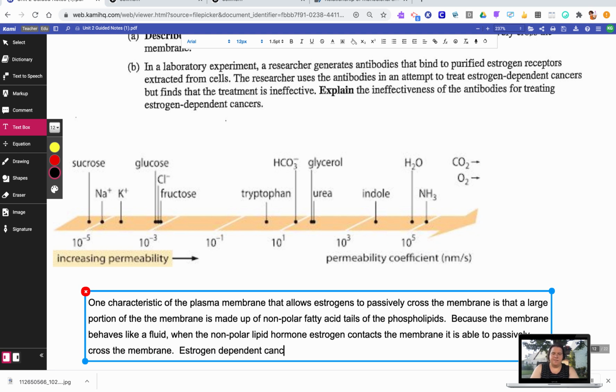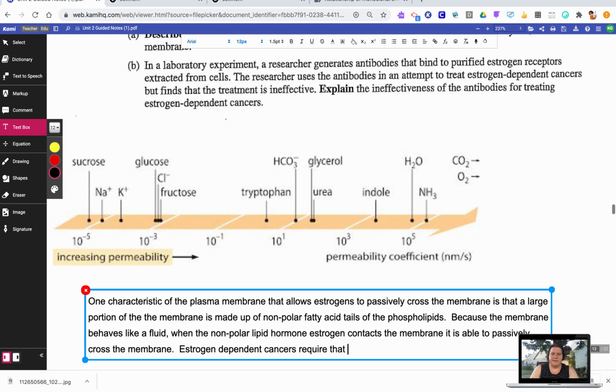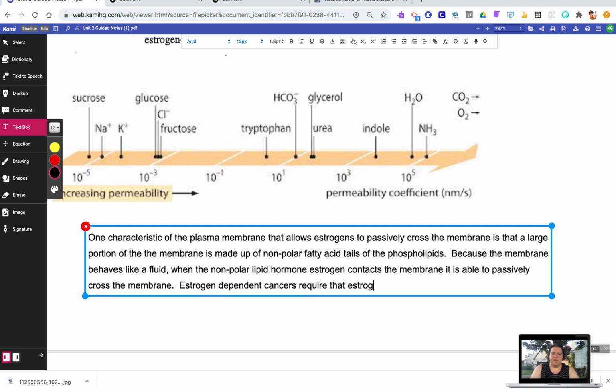Estrogen-dependent cancers require that estrogen be... I'm thinking on the fly here. Estrogen can promote cell growth by binding to the estrogen receptor inside the cell.